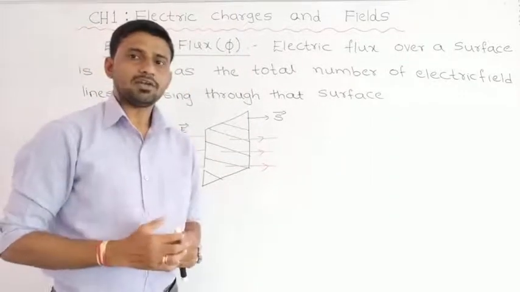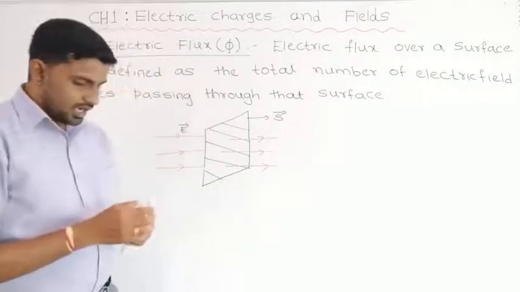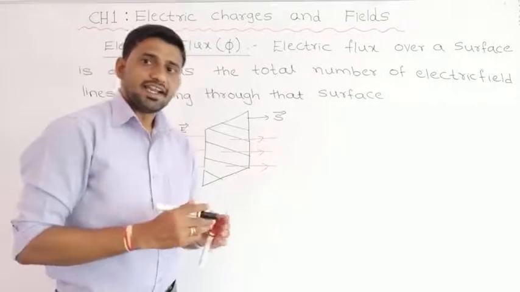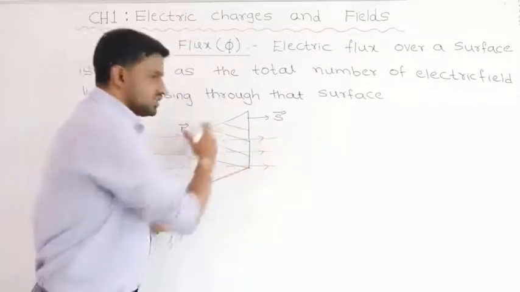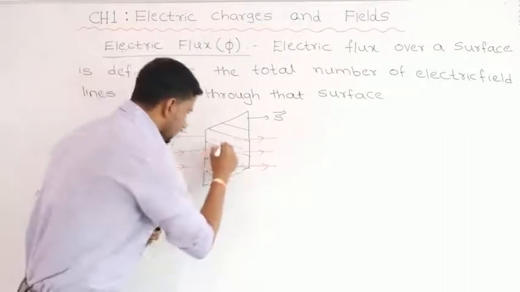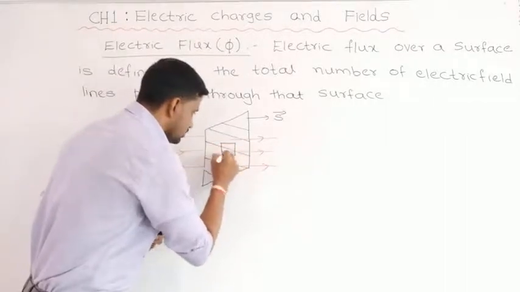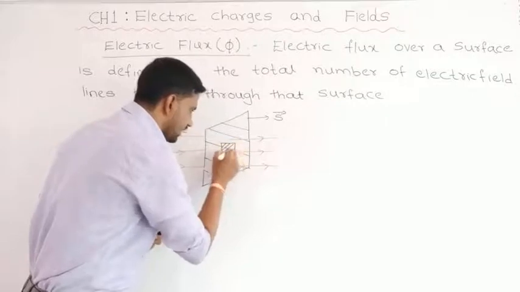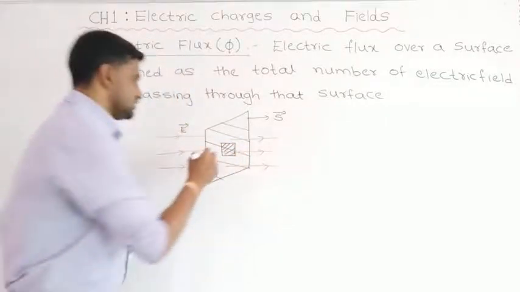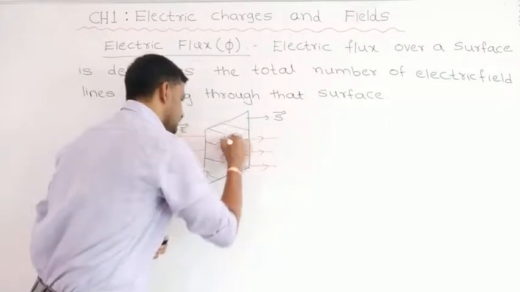Now let us see how to find the electric flux through this surface area. To find the electric flux through this surface area, I am considering a small area element in this surface. Let us assume that this is the small surface area element.